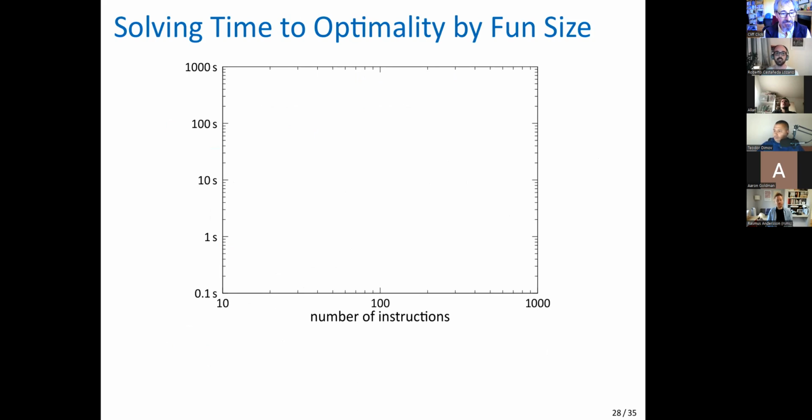Right, so finally, scalability. This is the plot that I mentioned before, Cliff. Here I show all the functions as dots. On one axis we have the number of instructions of the function, and on the other, the number of seconds it took to find the optimal solution. This is how it looks for MIPS.